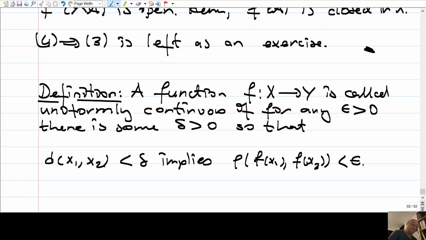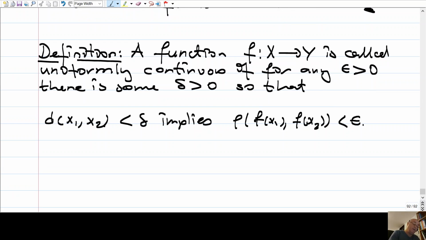But here, we are given an epsilon, there is no x around, and I find a delta so that this delta works for every x. Namely, if I take any x and a delta ball around that x, it is mapped to the epsilon ball around f of x.